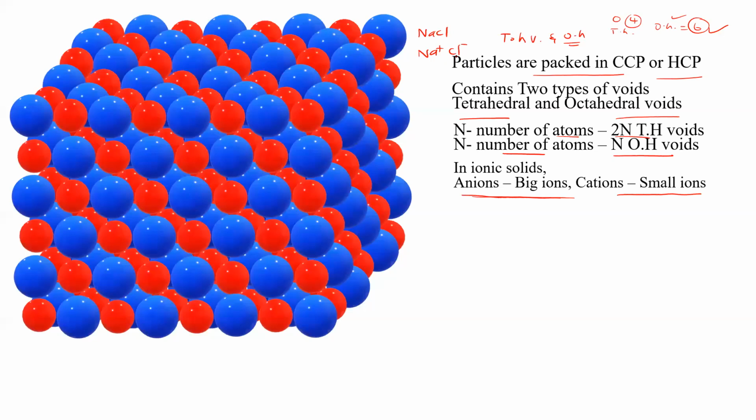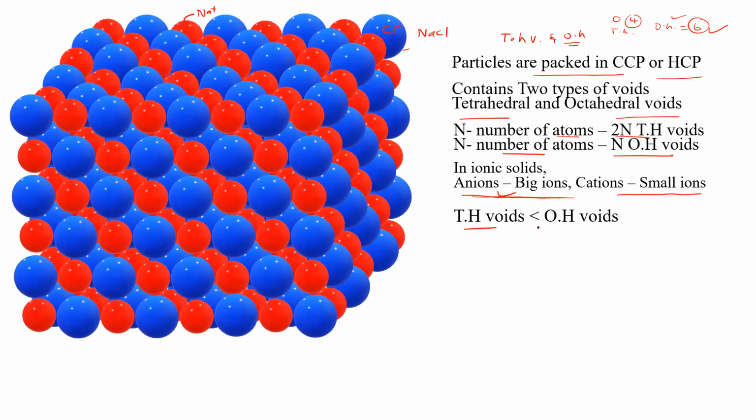In NaCl, Cl minus is an anion. So the anion should be bigger in size. The blue colors are Cl, the red colors are Na plus, the smaller ions. And usually the Cl minus ions, that means the anions, occupy the lattice points.